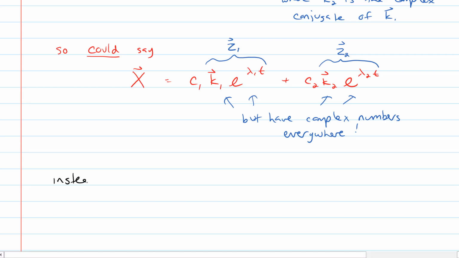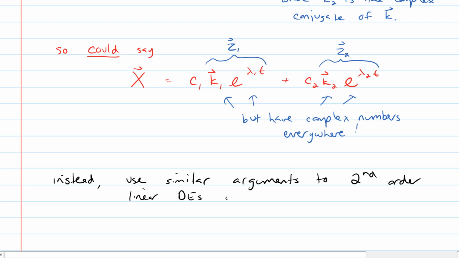So instead, we're going to use similar arguments to the ones that we used for second order linear DEs with constant coefficients.